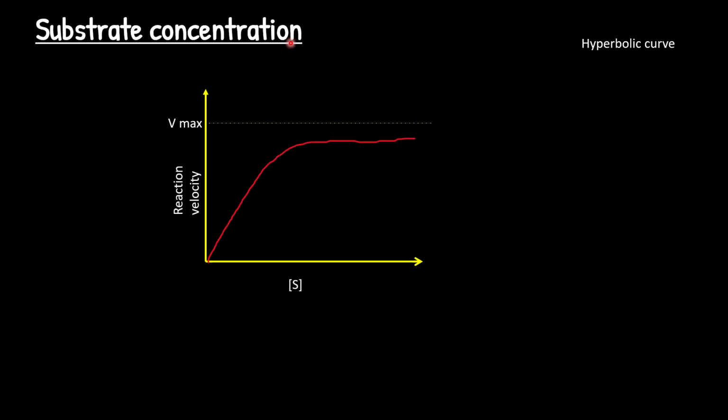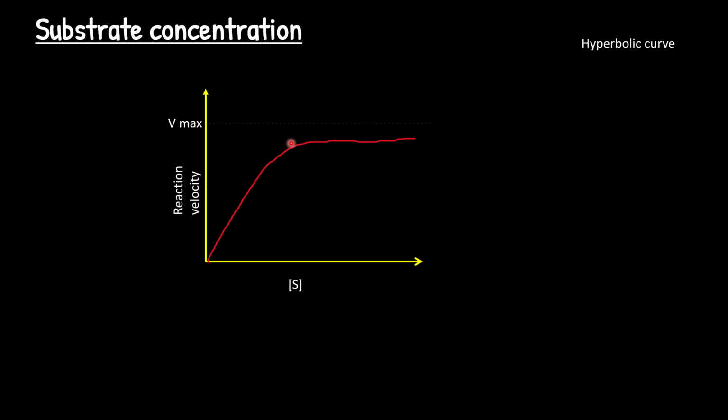Next one is a very important one, that is substrate concentration. Suppose we increase the concentration of the substrate, the velocity also increases until a particular point. But after that, we can see that there is no increase in the velocity. What might be the reason?